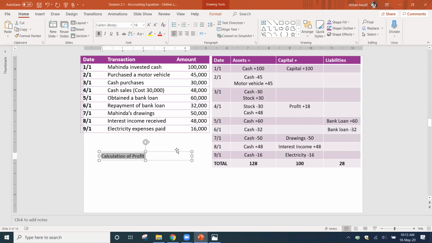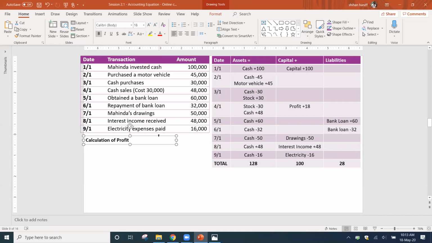I know for some of you all this is very basic, but from the basic question, I'm going to explain the entire process. Right? Can you all calculate the profit from this? Just type the answer in the chat box. Profit equals income minus expense.